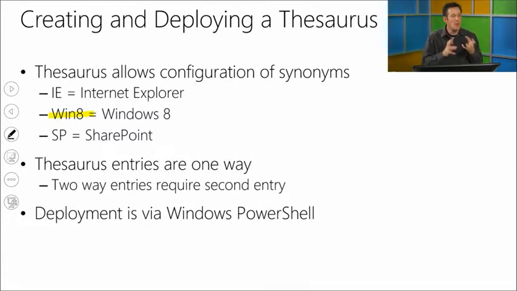It's going to change the way that that item is stored. The thesaurus doesn't. And this really becomes important when we get into doing refiners. With a thesaurus, it's not going to behave the same way as our entity extractors. We'll actually see how the entity extractors work with refiners when I get in and do my demo.